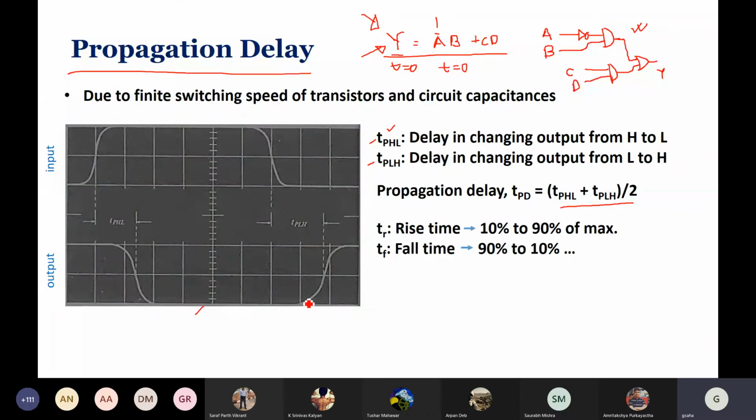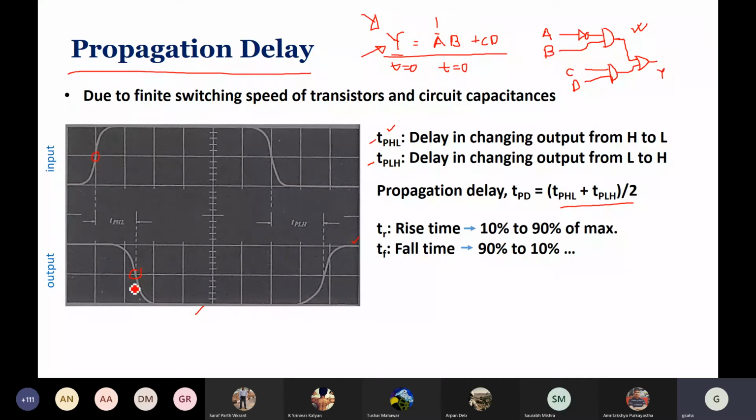And so the propagation delay, in one definition, is the time difference between when the input is at 50% and when the output crosses 50% of the value, based on this excitation, based on this input.